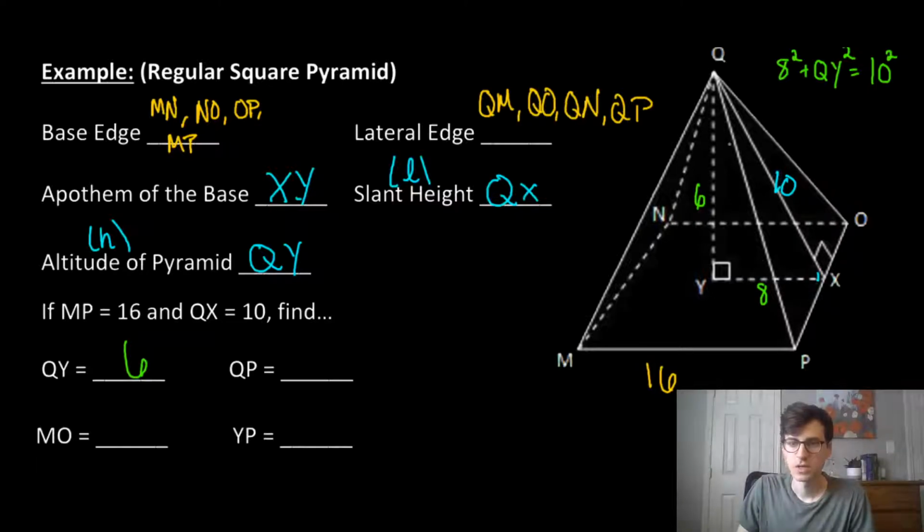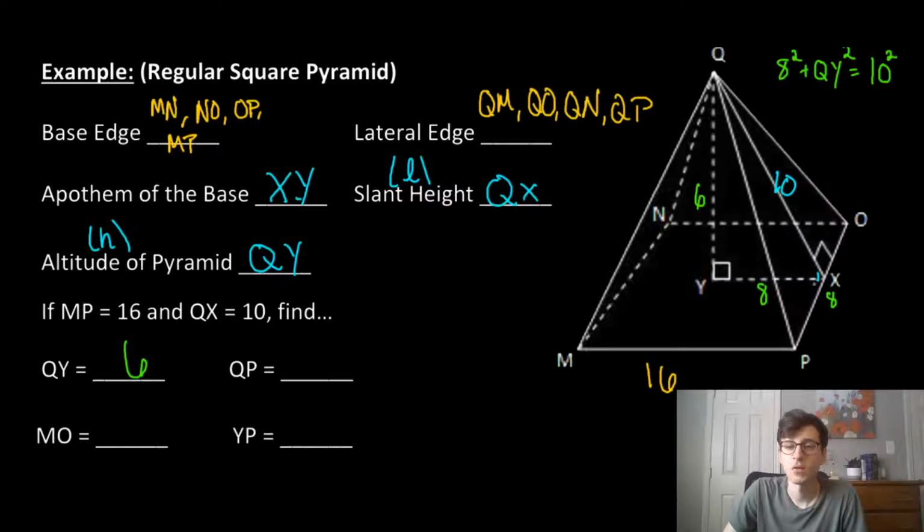QP is this lateral edge right here. And let's see, this is a square, so we know that this length XP right here is also half of the side length, because we have the apothem, so that's 8. So we had 8 for XP and 10 for QX.